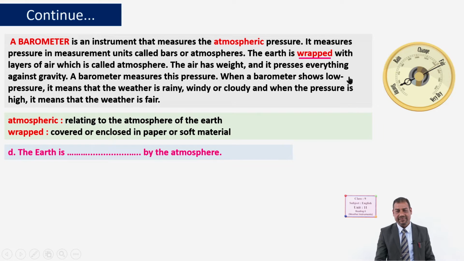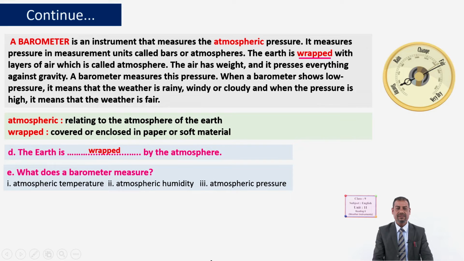See, the right word is wrapped. Okay, you can find it in the second line here. The earth is wrapped. Okay, so your answer should be the earth is wrapped by the atmosphere. So have you got the idea? See, the earth and then by the atmosphere. Okay, so wrapped is the correct word.